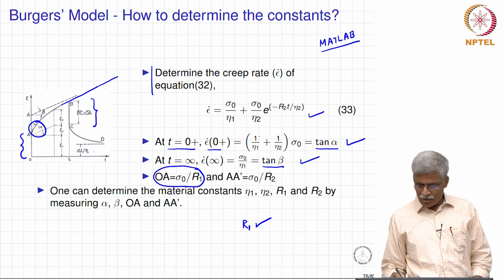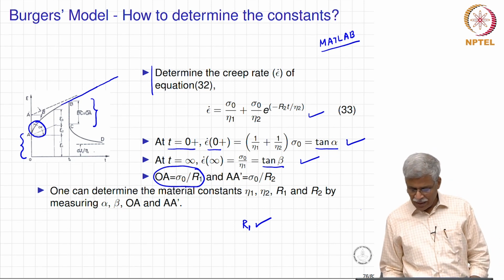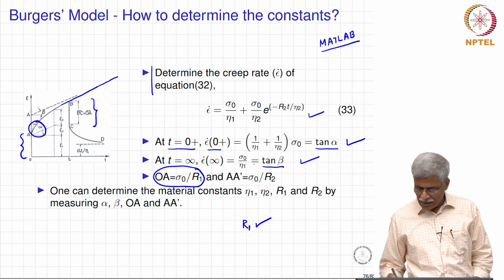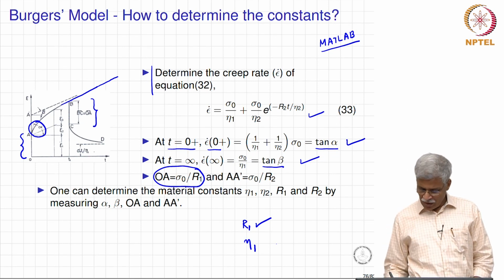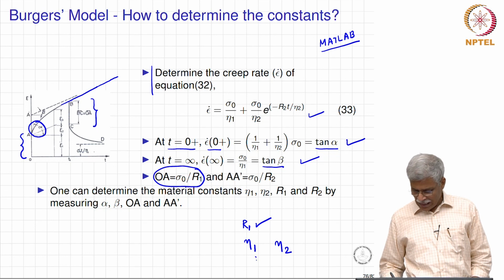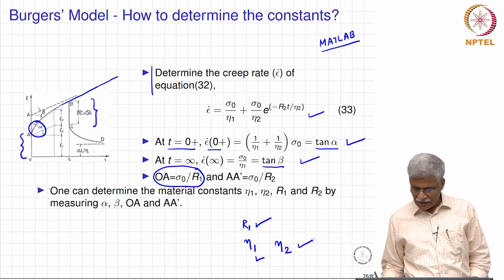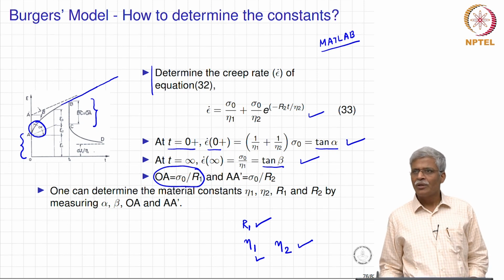If we can measure this angle alpha as well as this angle beta, and looking at the parameters that are associated with it, we can actually find out what is eta 1, we can also find out what is eta 2, and once we have analyzed this experimental data like this, we should be in a position to find out all the material parameters.